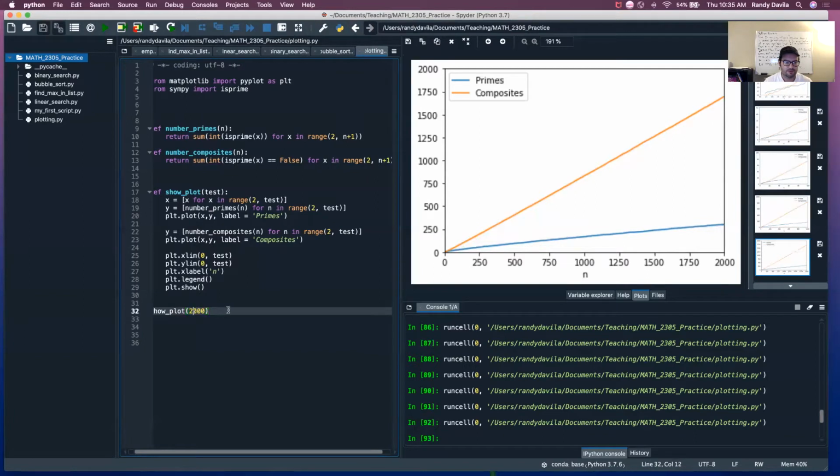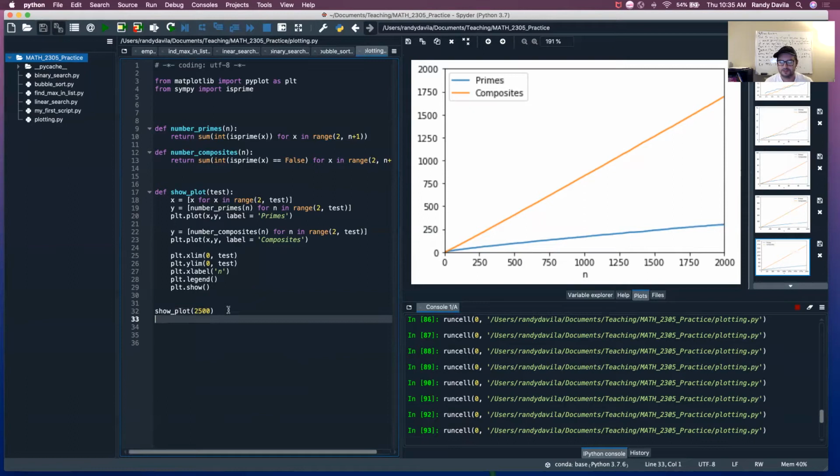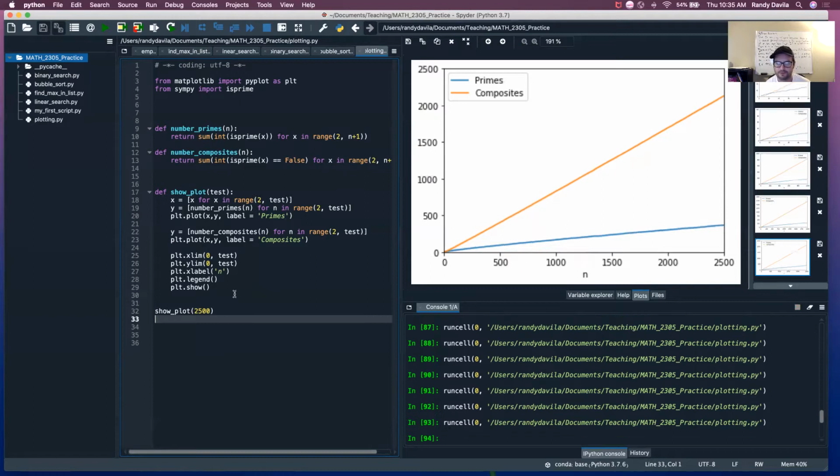If I keep on going, like 2,500, I can only go so far because it takes time to check whether or not a number is prime. It's difficult to determine if a number is prime. And it looks like the number of primes is dying off.